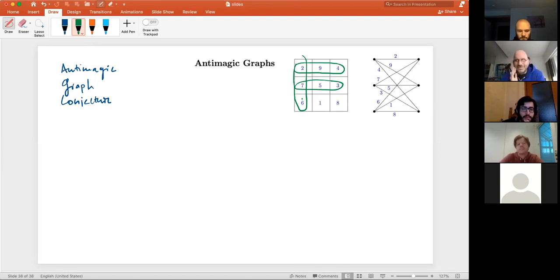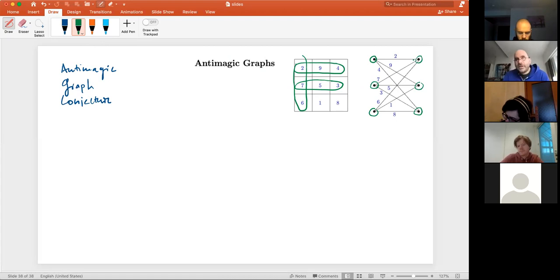And it turns out there's an analogous concept on graphs. In graphs, it is the following thing. You put labels on the edges of the graph, and you want the sums of these labels at each node to be the same. And so this is called a magic labeling of the graph.